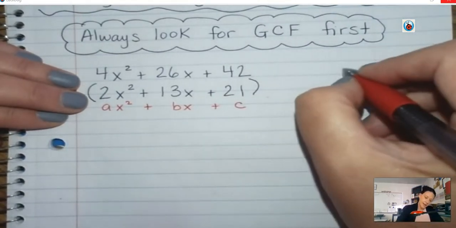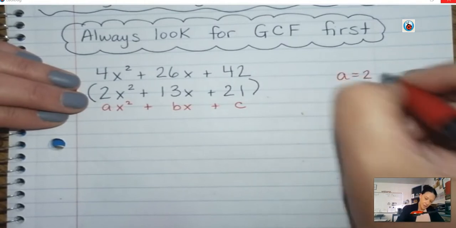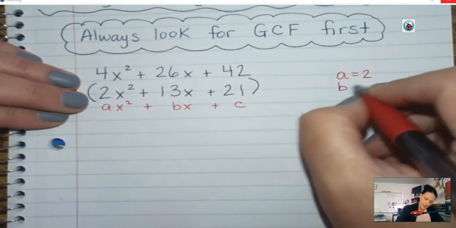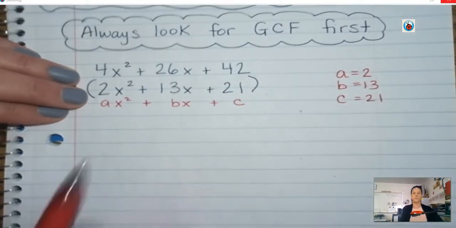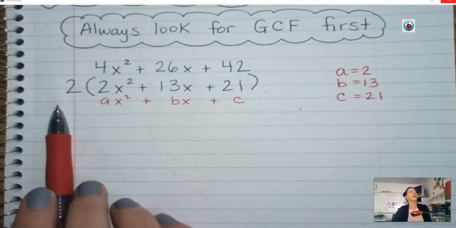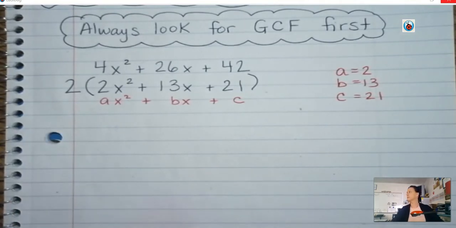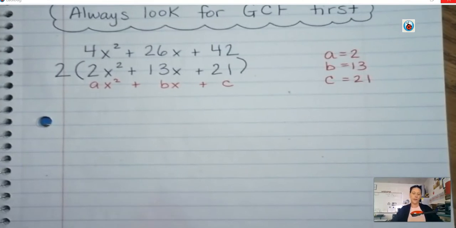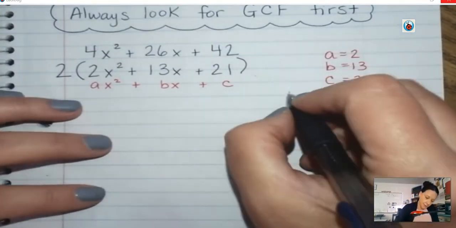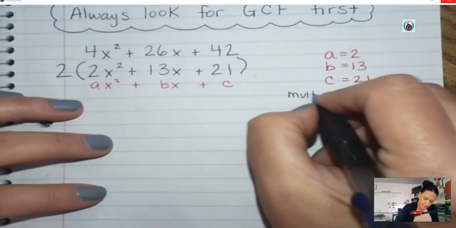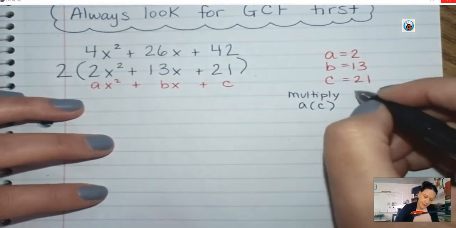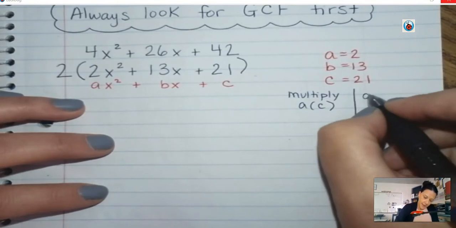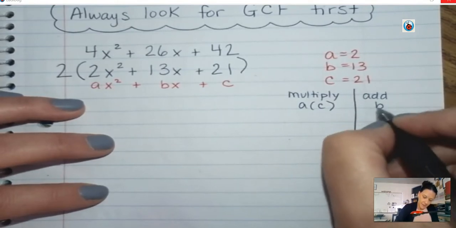So my a value is 2, the b value is 13, and the c value is positive 21. Okay, we are looking for what multiplies to be the a times c and adds to be the b value.